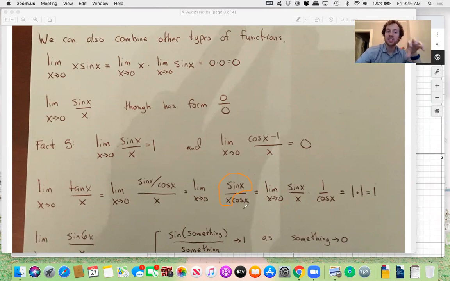And that quantity, sine of x over x, is something that we know the limit of. So what we decide to do is break this apart into two pieces. Sine of x over x, which we know how to handle, and something else, which hopefully we can figure out on its own.